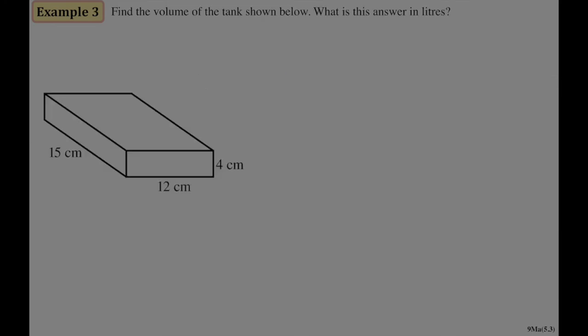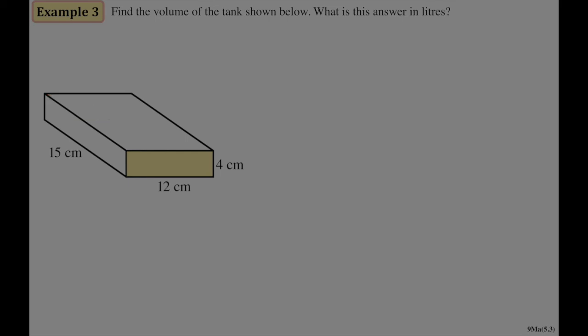We go on to example number 3. This question could be done several different ways. I'm going to focus on looking at the rectangle at the front. There is also a rectangle at the back that would be the exact same dimensions, which means from front to back I have the same shape.